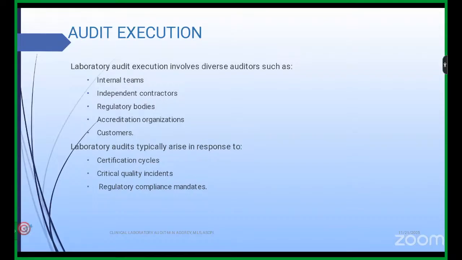A laboratory audit can be triggered by critical quality incidents. Maybe a serious or adverse incident has occurred in your organization, and regulatory bodies are on your back to check what happened, what happened that you fell into a certain kind of problem.